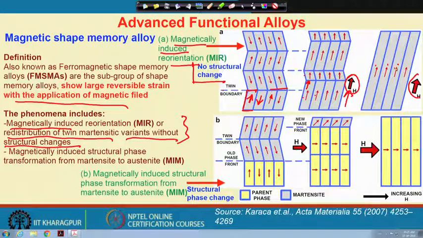However, we get a large reversible strain, which means if I withdraw this magnetic field, we can again get back the strain that is generated. Here, let us say this is the strain axis, and we have generated this amount of strain. This is something very interesting.